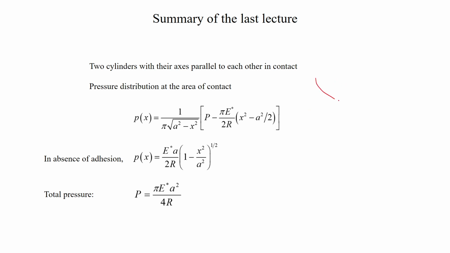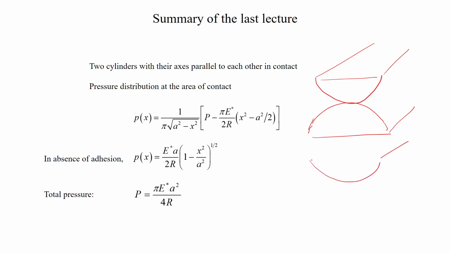In essence, what we have is this particular cylinder in contact either with another cylinder like this, or with a flat plane, which is also possible, and the contact area is A. So what is the pressure distribution, considering this is symmetric, within this contact area?